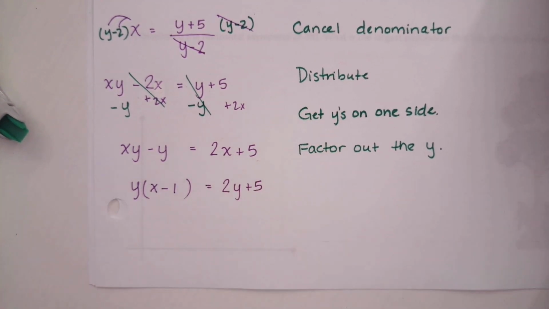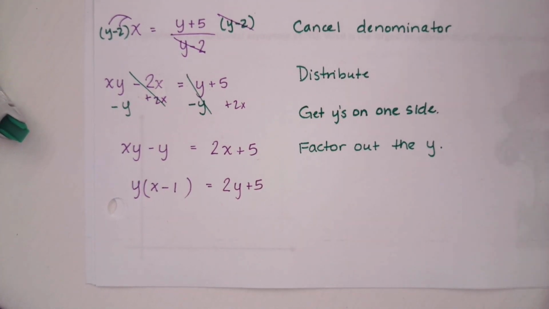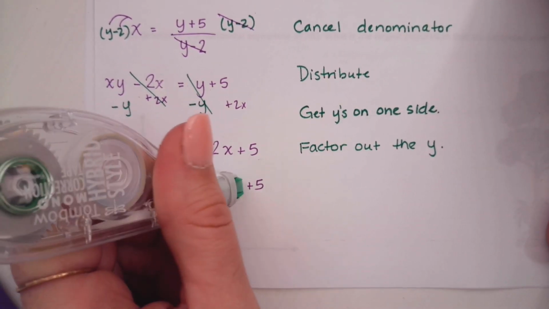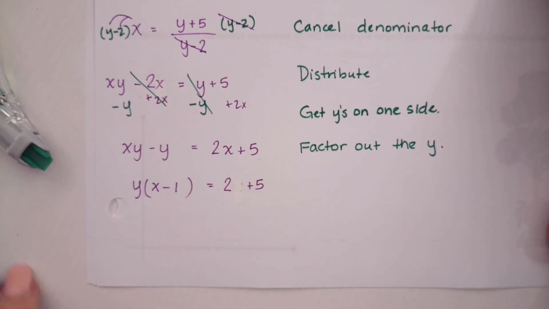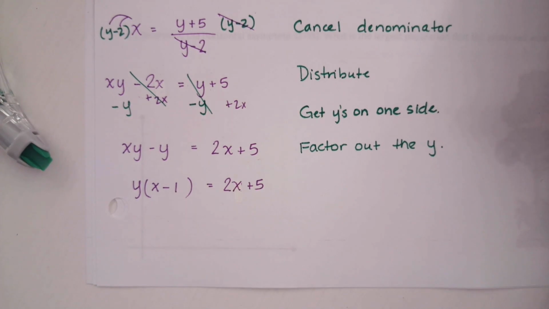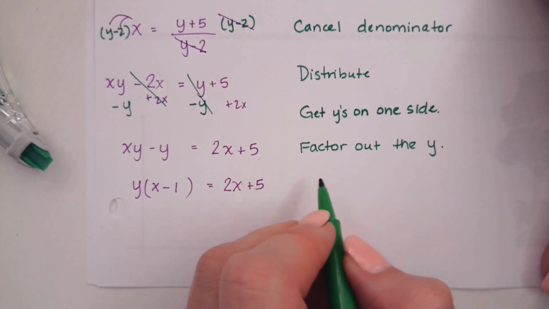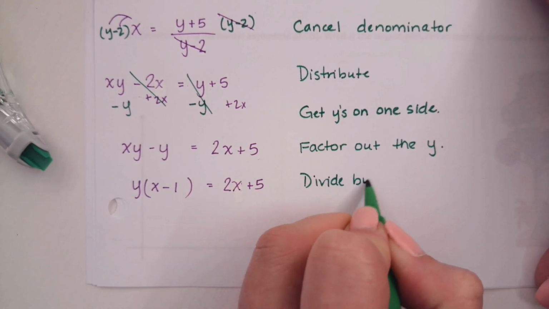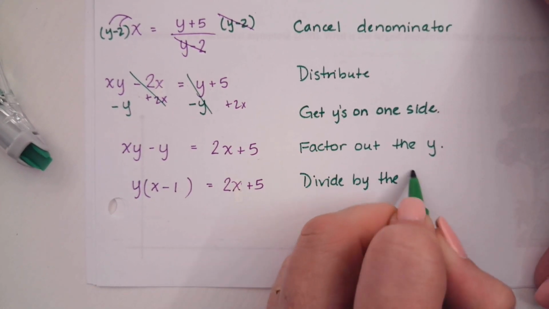It's looking great. Now, one more step to get the y by itself. Yes, divide by the whole parenthesis of x minus 1.